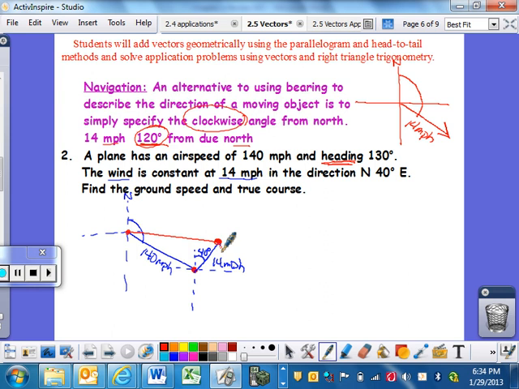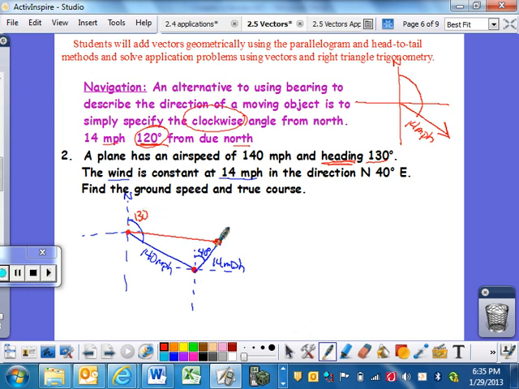Now in all of these problems, there will be a right angle. We've got to figure out how to get it. Okay? So my original problem had a heading of 130. This guy is 90 and that much more. Okay, I'm not exactly sure what that part is, but I know it's 130 from the top all the way down.